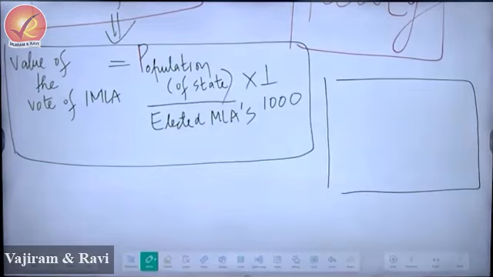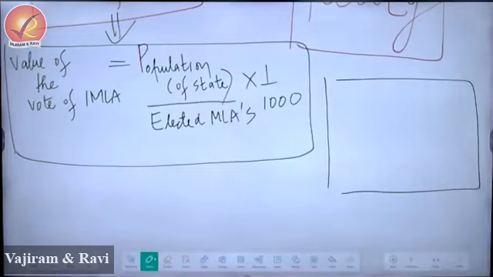That is 243. The population of your state we know by the census data released by the Ministry of Home. So I'll divide that population by 243 into 1 by 1000, as compared to the population of Delhi by 70 into 1 by 1000. So we now have uniformity.